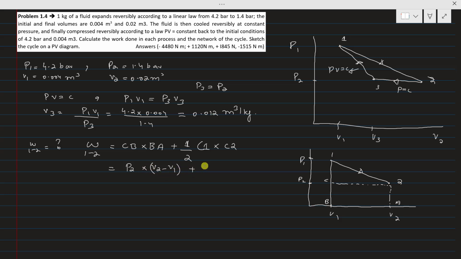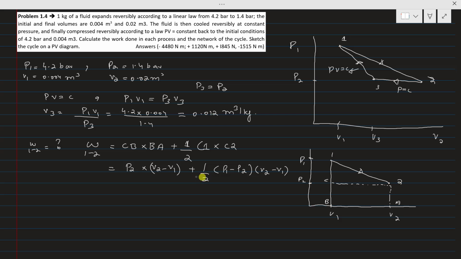Then plus half C1. C1 is the change in pressure, P1 minus P2. And then C2. Again C2 is the change in volume, that is V2 minus V1.